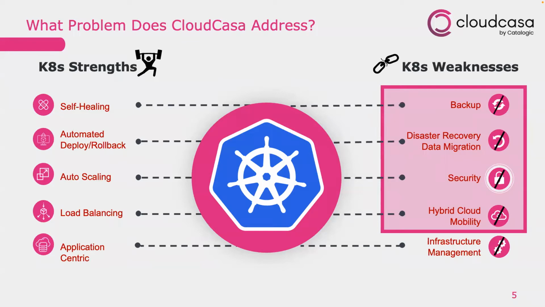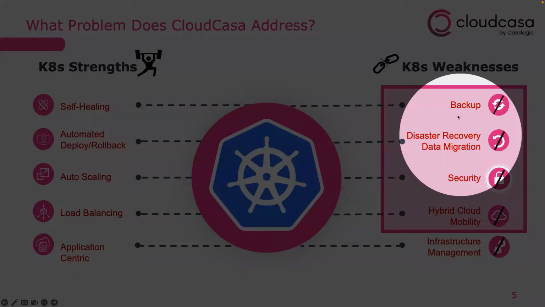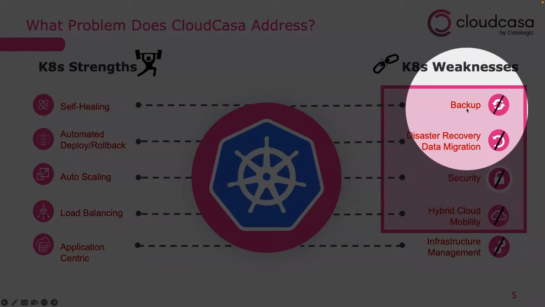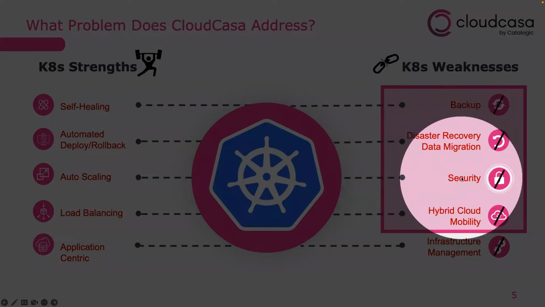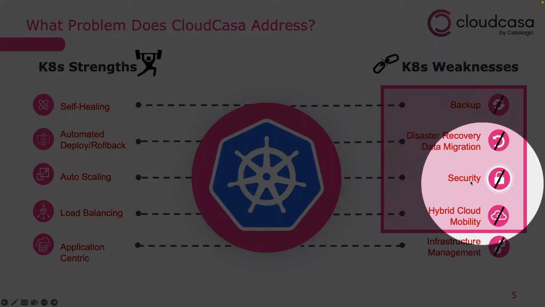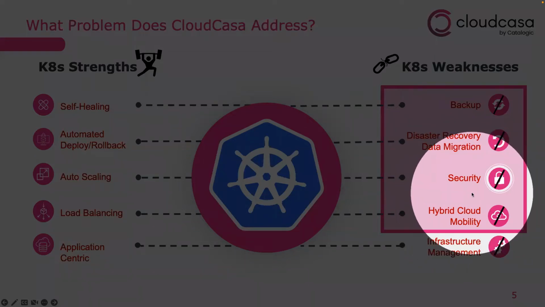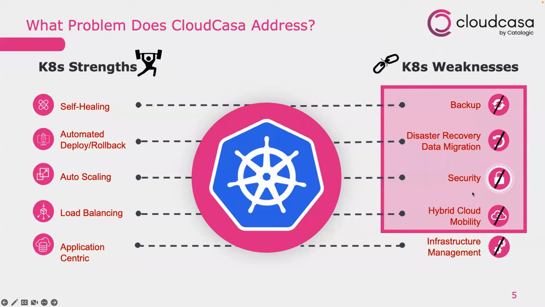That's the list here on the right-hand side of the screen. The backup is not very good, as provided by Kubernetes itself. The disaster recovery, data migration, and security are also not that good, and also the hybrid cloud mobility. So that's the area where CloudCasa is really doing a very good job.